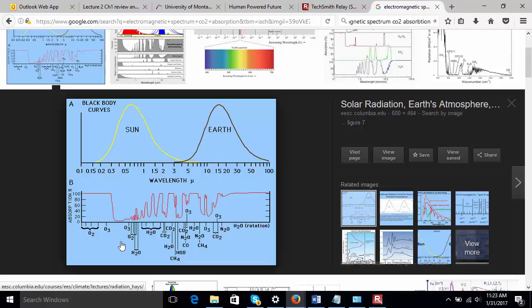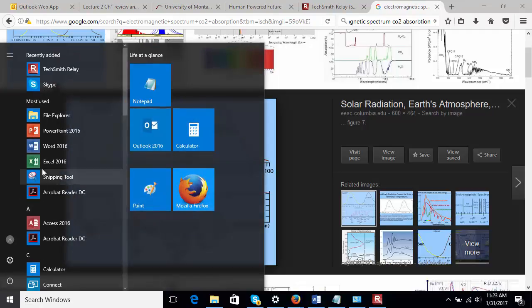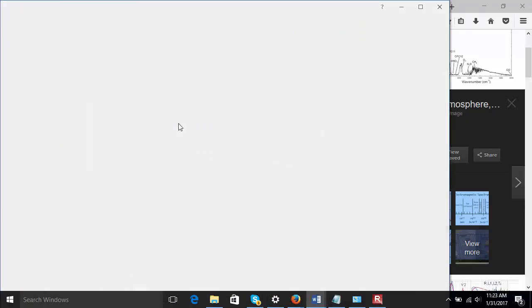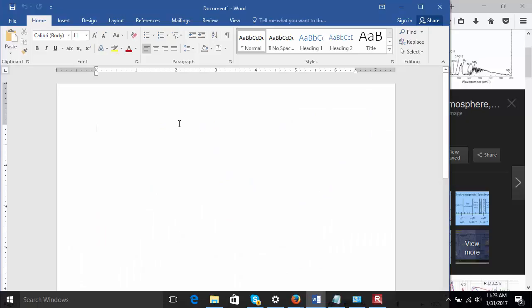So again, I also want to make this point, and I'm going to write this down in a little note in Microsoft Word. There are really only 3 things that can happen with radiation. You can have absorption, it's a P instead of a B, absorption, you can have reflection, and you can have transmission.